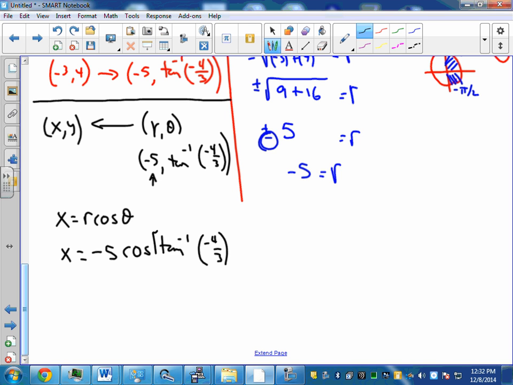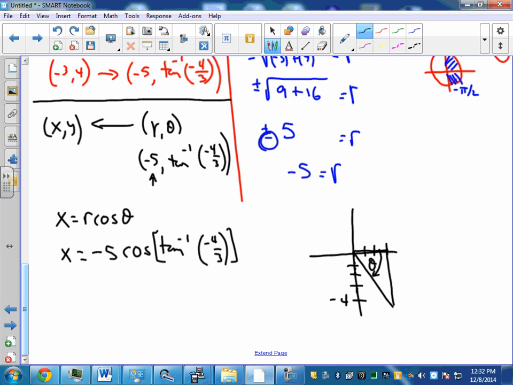This is reminiscent of one of our earlier test questions, where you're going to have to think of an XY grid, if you will. And we've got this -4. This is the Y coordinate. So you could think -4, 1, 2, 3, 4, -4. And the X coordinate is 3, 1, 2, 3. So here's my triangle down here, and this is my theta.